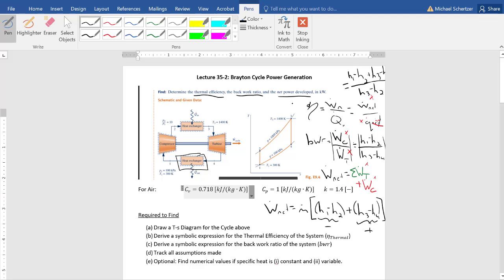But here at state 3, sometimes they will explicitly show you this, like they do here. Sometimes they'll say the highest temperature in the problem is 1,400 Kelvin. So it's nice to be able to draw these TS diagrams, because here you see the maximum temperature.